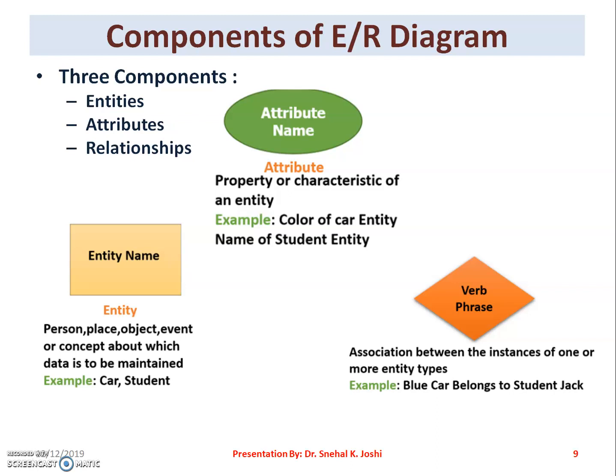So, we show a relationship using a diamond shape, and it shows an association among the entities. Every entity contains attributes. Attributes are represented in the form of oval shapes, and each entity has different attributes, which we can represent using them. ER diagram includes many specialized symbols, and their meaning makes this model different and unique. ER model has three main components as we already discussed. One is entity, second is attribute, and third is relationship.